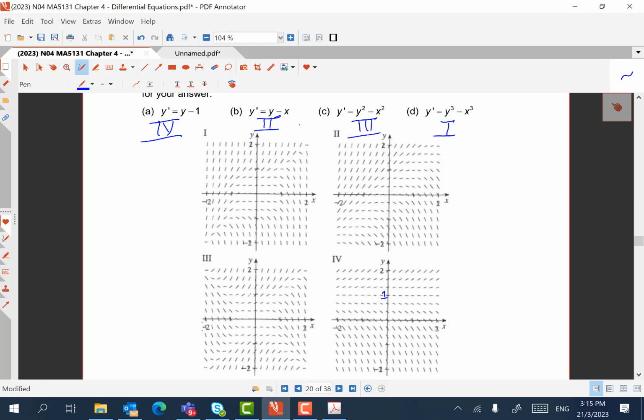Now for this B and this D, the gradient along this line and the gradient along this line are supposed to be 0. Do you see?